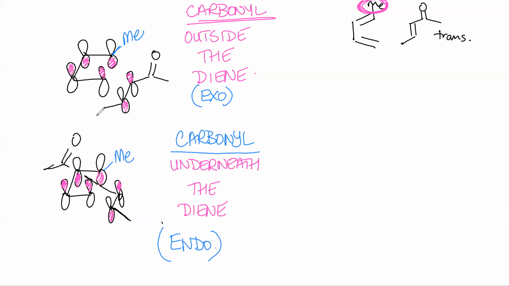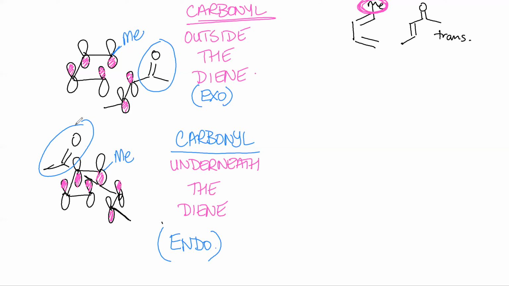So ketones, esters, aldehydes, the nitro group or nitrile, whatever, that's the group. This group here dictates if it's exo or endo. So these two transition states give different products. And we'll basically be able to predict what they are.